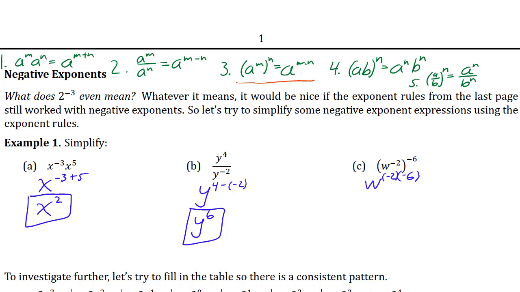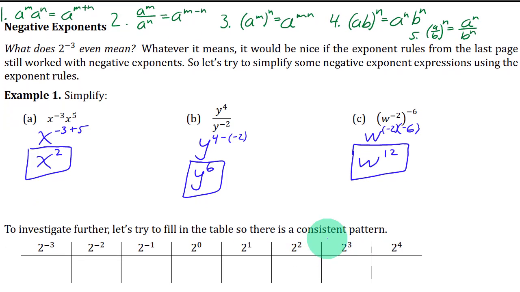That's like the m times n. Okay, and negative 2 times negative 6 is positive 12. So this is just w to the power 12. Interesting. Okay, so that's the way these would work out if you are allowed to use these rules.